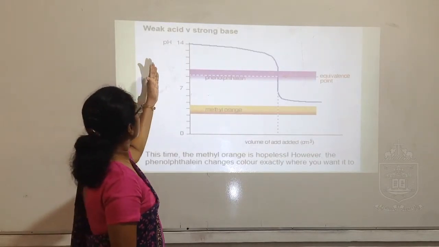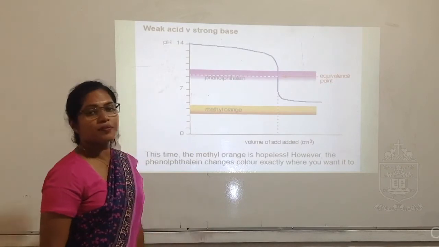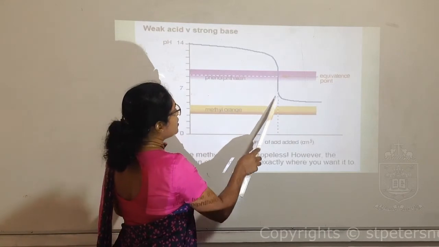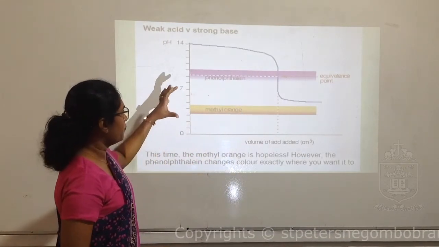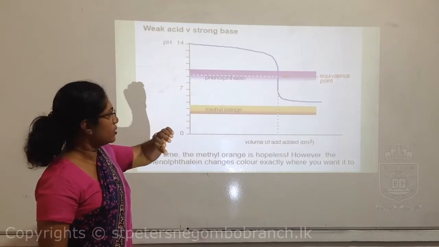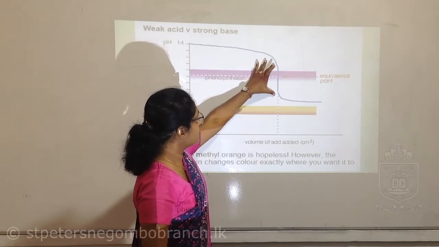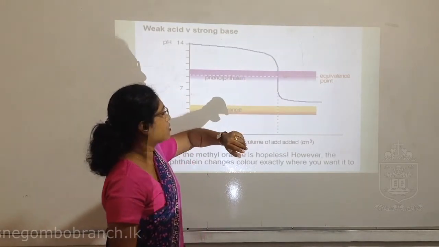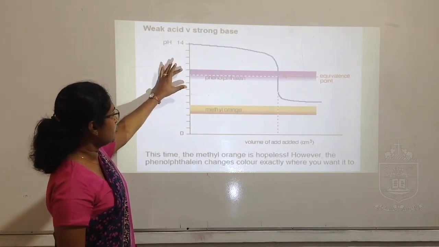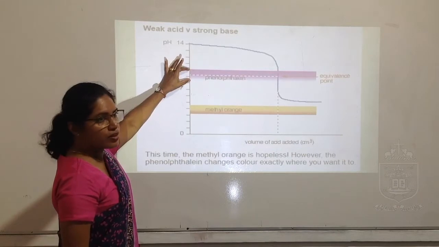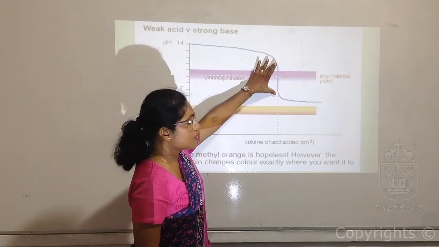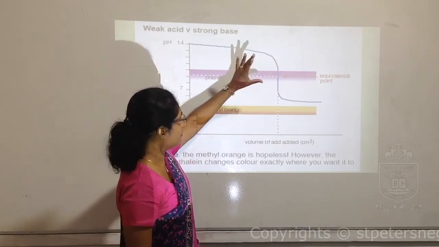Now let's take the weak acid strong base titration. And this is the curve of our titration, and this is the steep change of pH in our titration, and the equivalence point must lie in this pH range. And if we use phenolphthalein, you can see the pH change of the phenolphthalein indicator lies within the steep pH change of our titration.